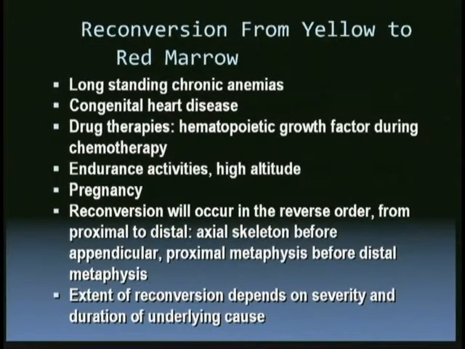Patients living at high altitude also can show an increase in their red marrow. Pregnant patients are also a category. And when the reconversion occurs, it occurs in the reverse form from proximal to distal. So we recruit first in the axial skeleton, then the proximal metaphysis, and then the diaphysis, and finally the epiphysis.